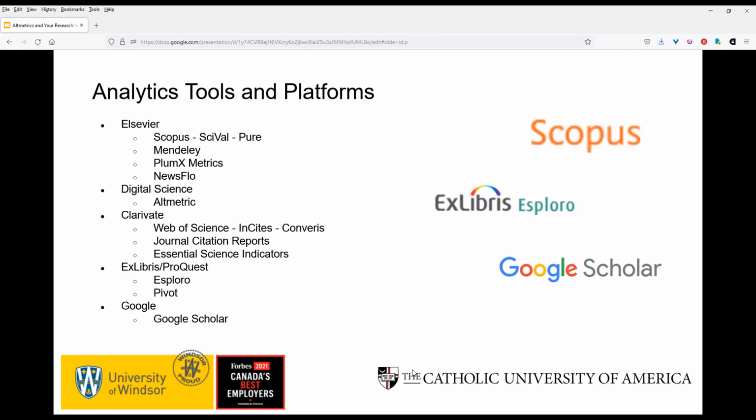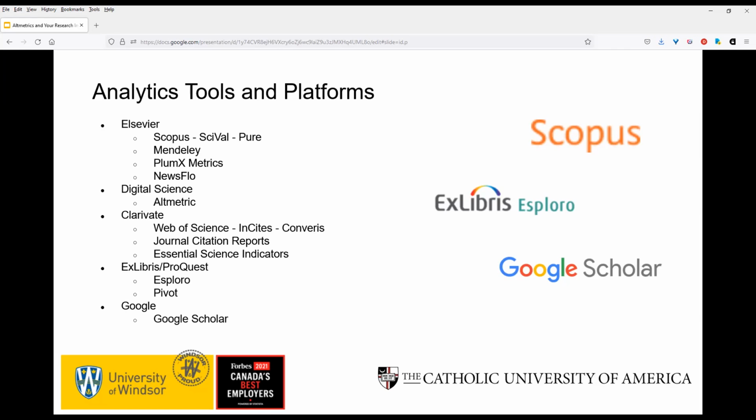Elsevier has been, of course, using their war chest to buy up a lot of companies in recent years. Mendeley is another Elsevier product. PlumX Metrics is another dashboardy kind of visualization tool that Elsevier has incorporated across the suite of their products, and something newer called NewsFlow. Ex Libris and ProQuest have two products that are worthy of mentioning here.